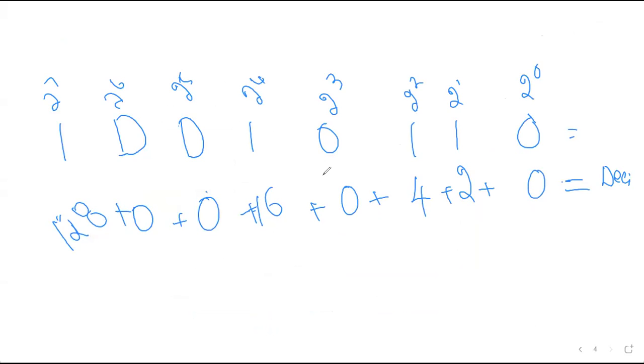So basically, the IP address, either v4 or v6, these are binary numbers. And IP version 4, even if it is binary, we generally focus on the decimal values.